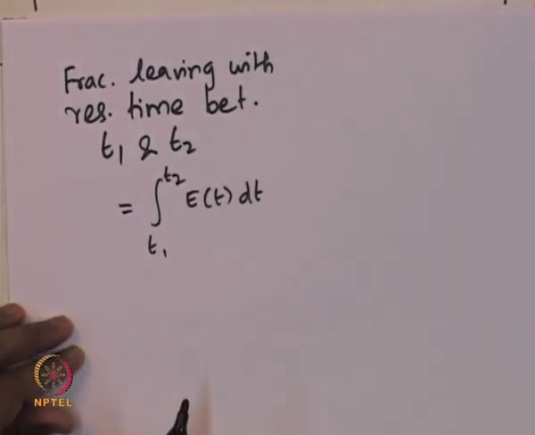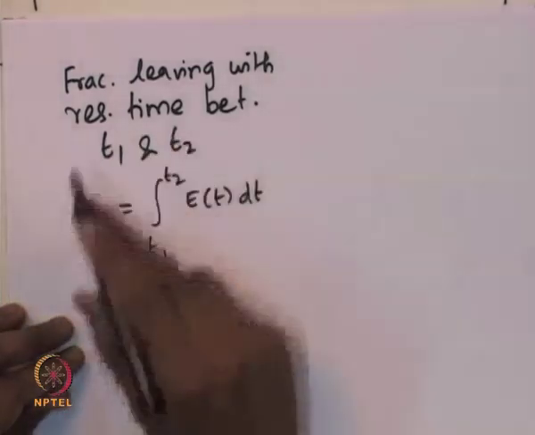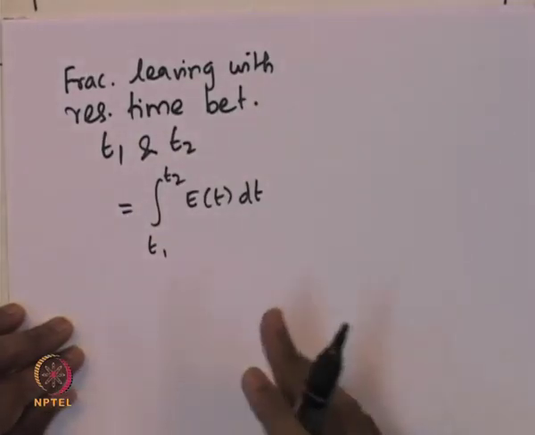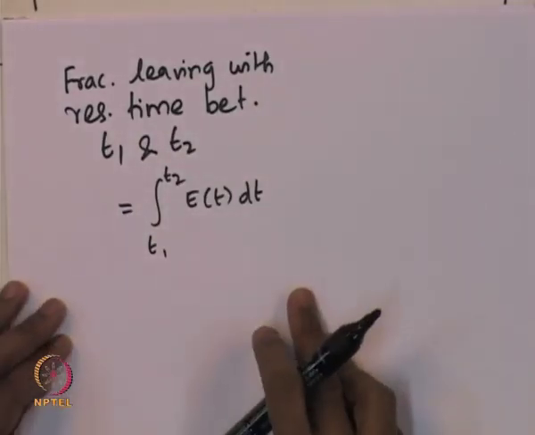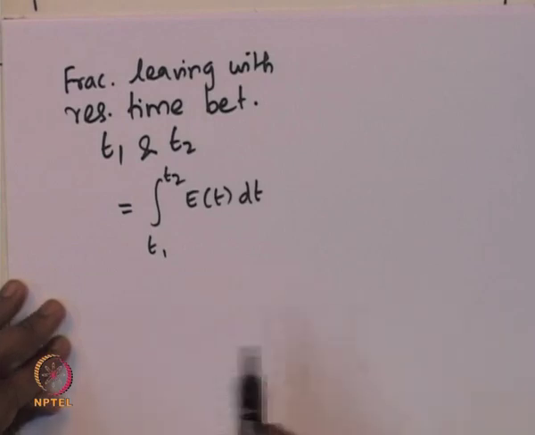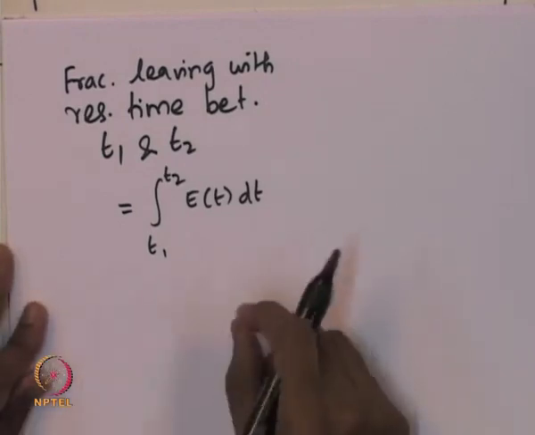So, if we know the residence time distribution, then a lot of information about the reactor can be extracted from the RTD function. Now, suppose I want to know the fraction that leaves the reactor with residence time from t equal to 0 all the way to infinity, which means the amount of material that leaves the reactor with residence time in the whole spectrum of time.